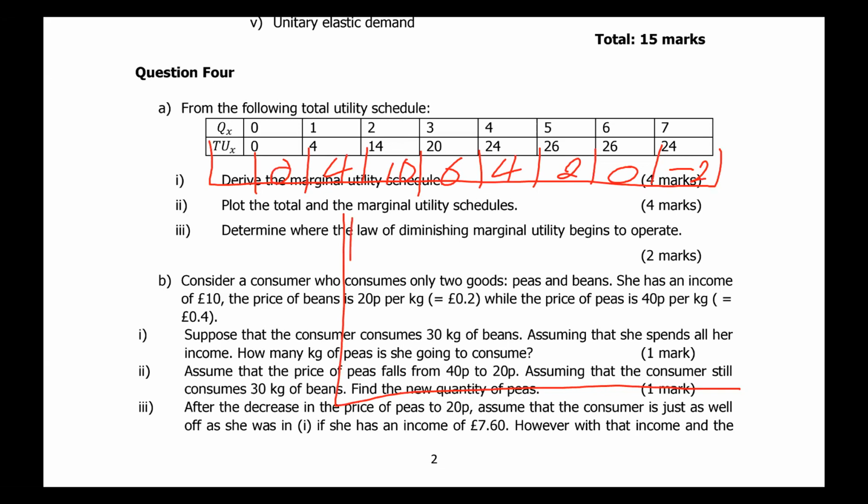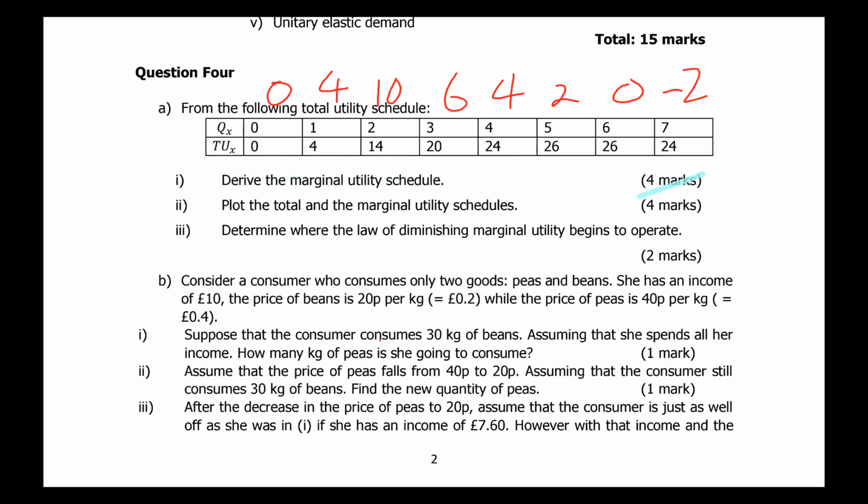So the quantities are always horizontal. Let me just write these on top so that you can have enough space. Of 0, 4, 10, 6, 4, 2, 0, and the negative 2.